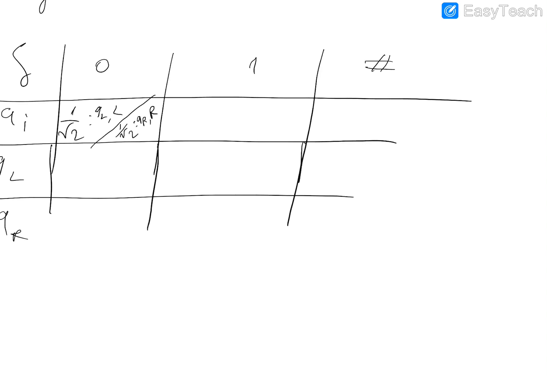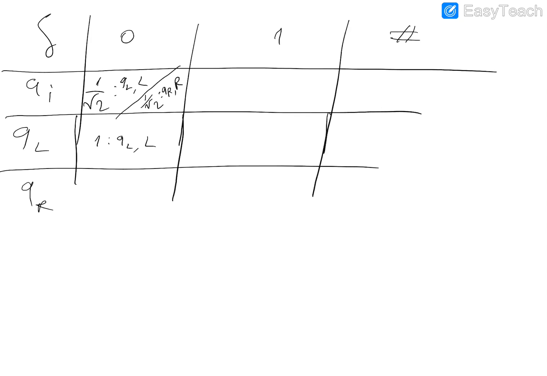If we are in QL and we're reading 0, with amplitude 1, I shouldn't call it probability, with amplitude 1 the machine will be in state QL and the tape head will move to the left.